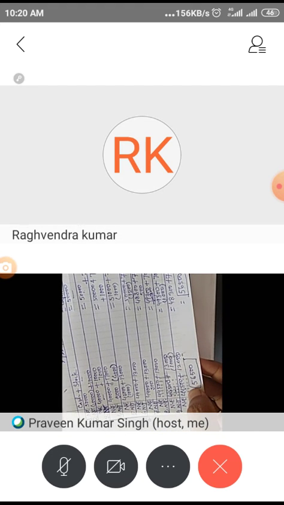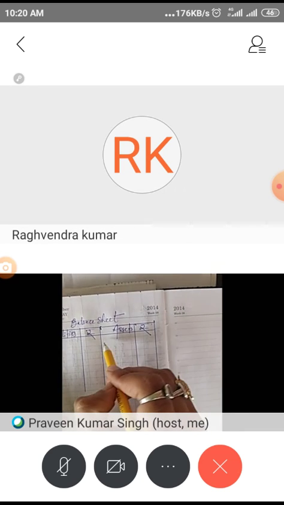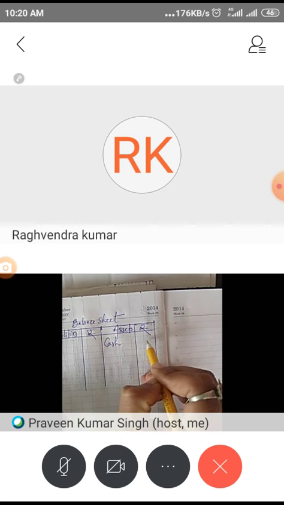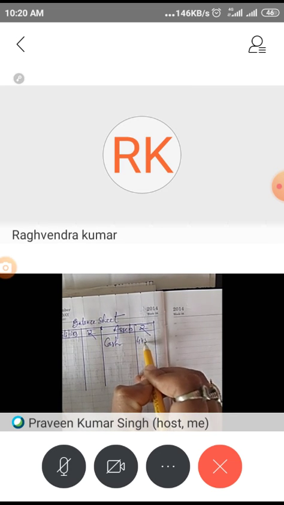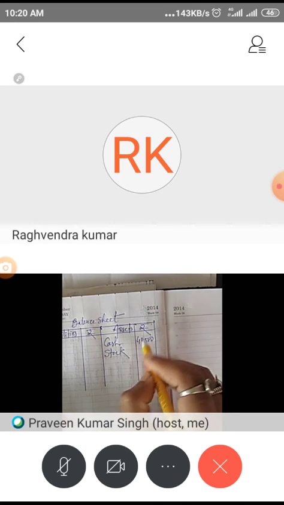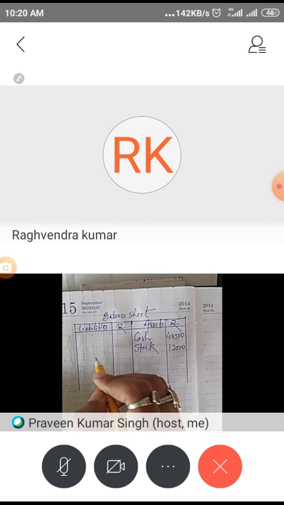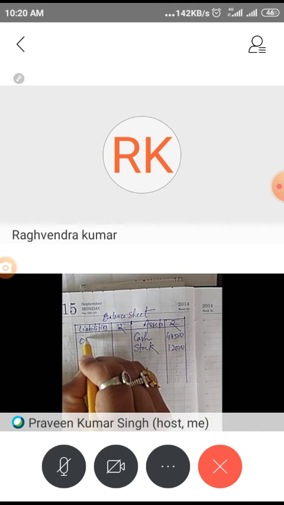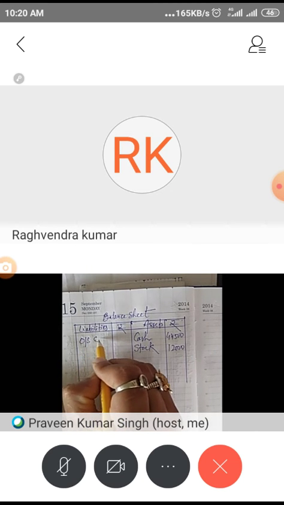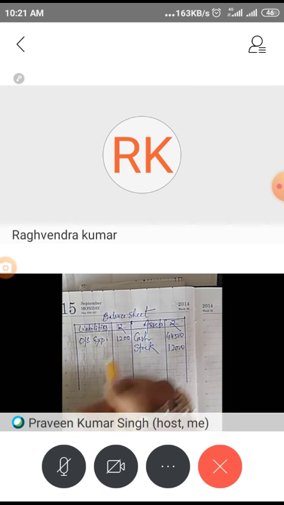Now we can see in our asset side cash and stock are given. Cash is given 44,500 and stock is given 12,000. So I will write cash 44,500 and stock 12,000. On the liability side, outstanding expenses is about 1,200.